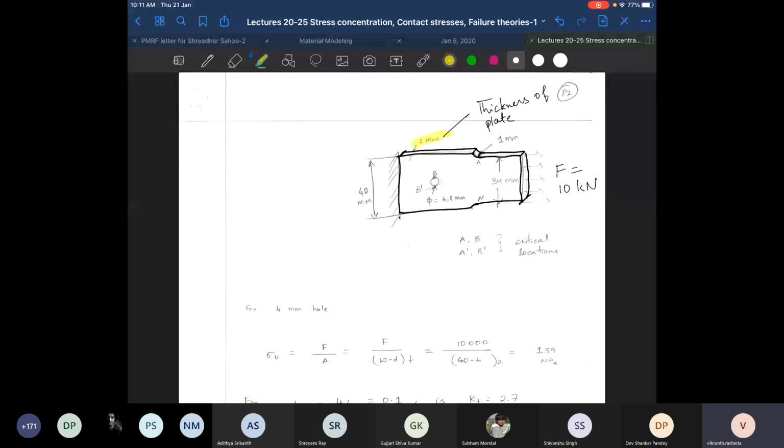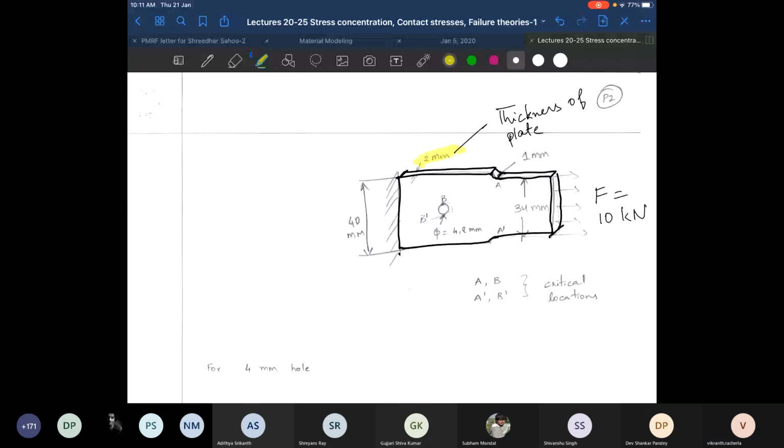Let me make this a little bigger. The fillet is 1 mm radius. I am applying a force of 10 kilonewtons on this particular plate. On one side it is fixed. I have two geometric features in this particular problem.